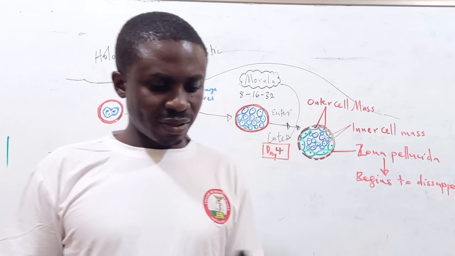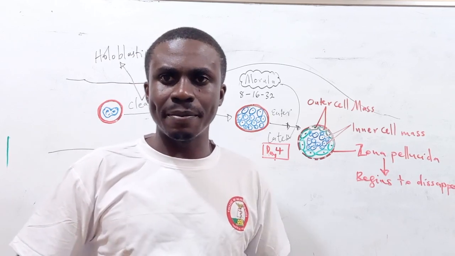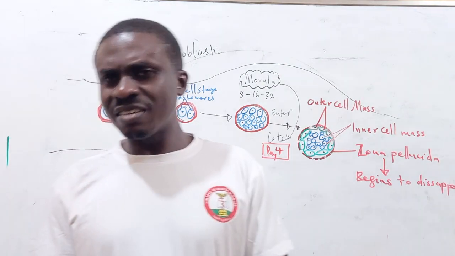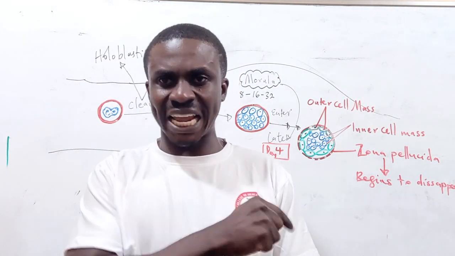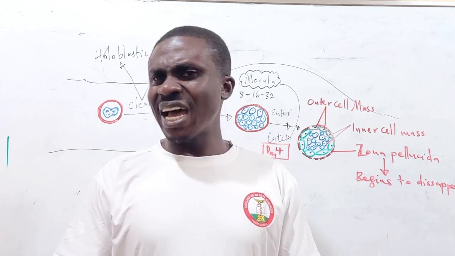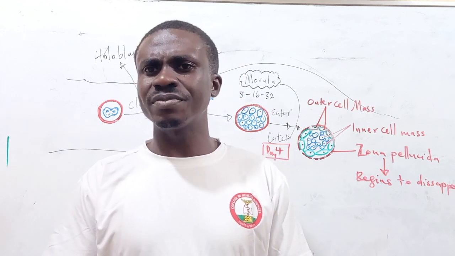Yes, it begins to dissociate, begins to break down. And my friends, studies have shown that there's an enzyme which is responsible for breaking this down. That enzyme closely resembles trypsin.